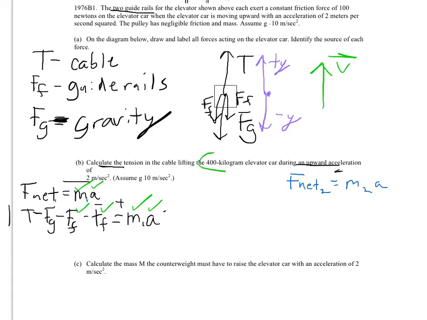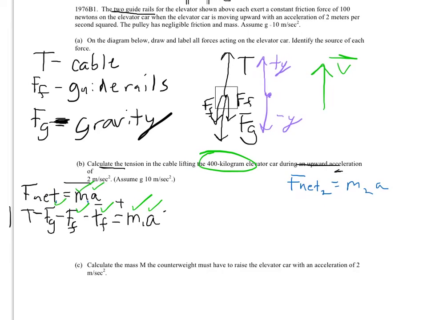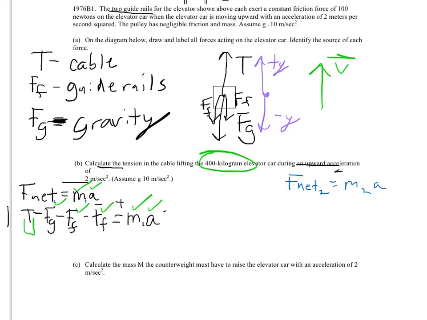If we know the mass of the elevator car, we can find its weight, or force of gravity. So the only thing we don't know is the tension. I don't think we're going to need to use the other object, because right now we only have one unknown and we have one equation. So we can solve for that one unknown.